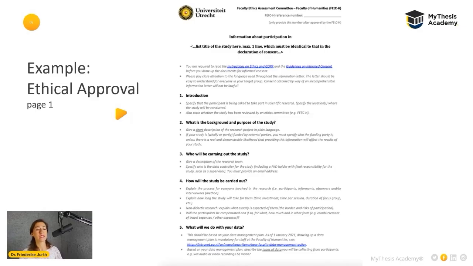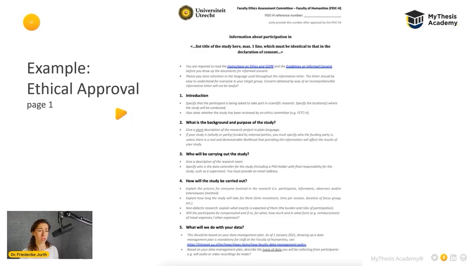It consists of 3 pages and an additional declaration which must be signed by the researcher.